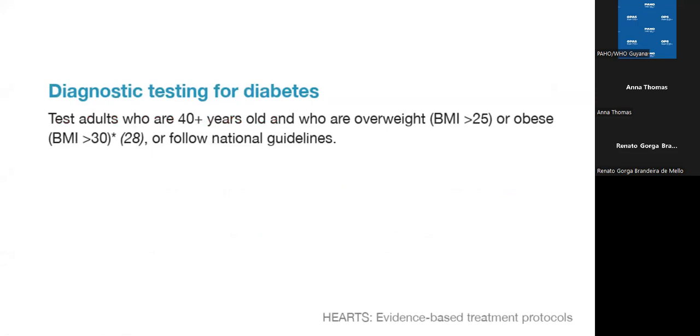Diabetes is diagnosed using some tests, as you know. We must test adults who are 40 plus years old and who are overweight or obese, or follow your national guidelines. But if a patient is 40 plus years old, you have to screen for diabetes. And for younger obese or overweight patients, diabetes screening is also recommended.